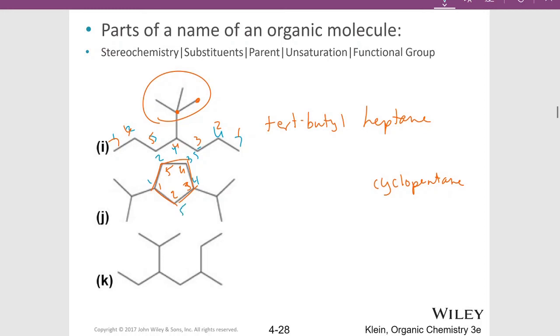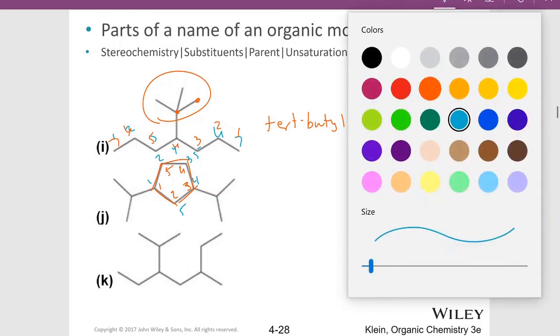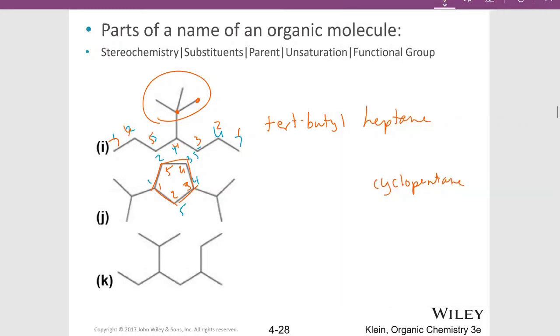That would give me 1, 4 versus 1, 3. So I'm going to go along the orange path, okay? So at carbons 1 and 3, I have an isopropyl group. So that's 1,3-isopropyl cyclopentane.